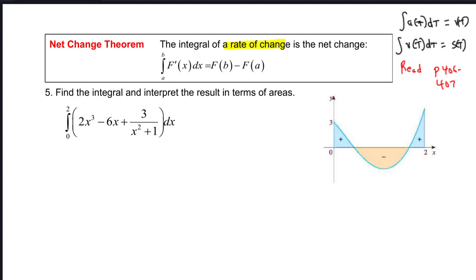We got a little function sketched on the side, and in 5.1, if we would have done rectangles, we would have had rectangles in here, and we would get an approximate area that was positive. And if we did this section, we'd have an approximate area that would be a positive number.